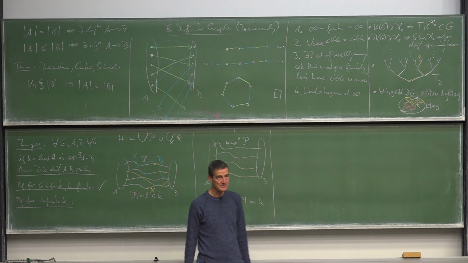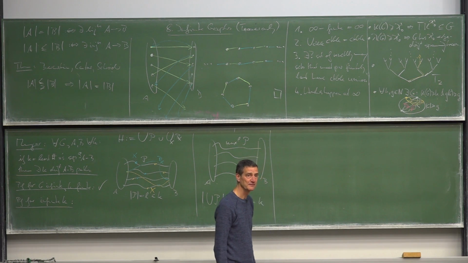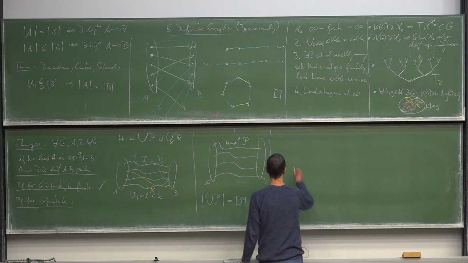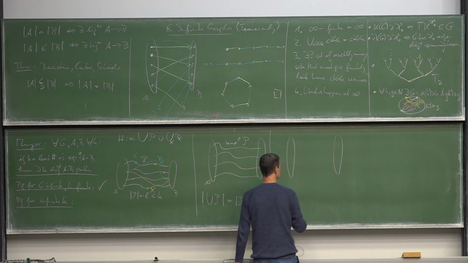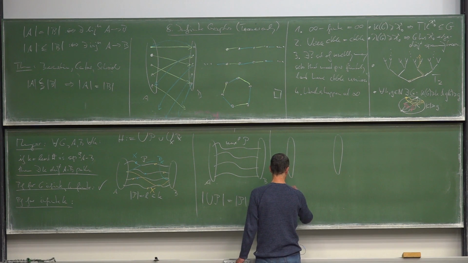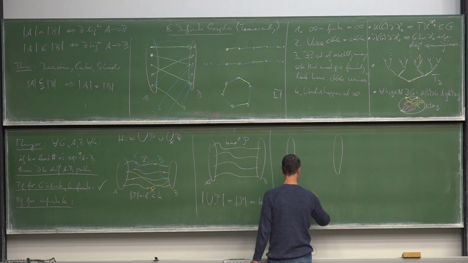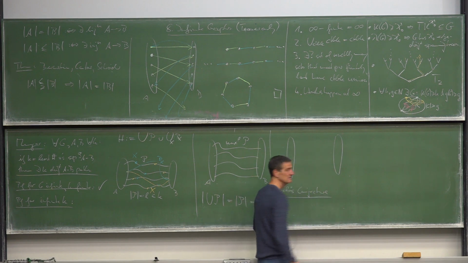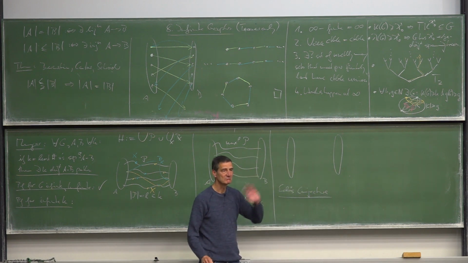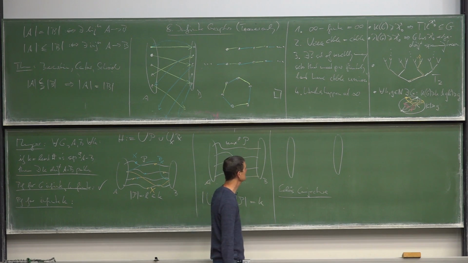So is Menger's theorem trivial for infinite graphs? Well, fortunately not. There's the Erdős conjecture, made, I think, like 1960 sometime.